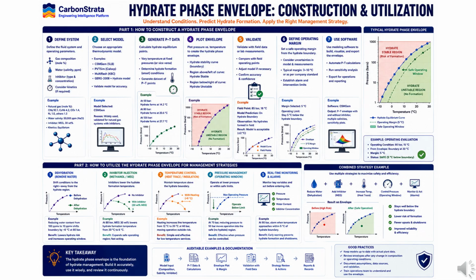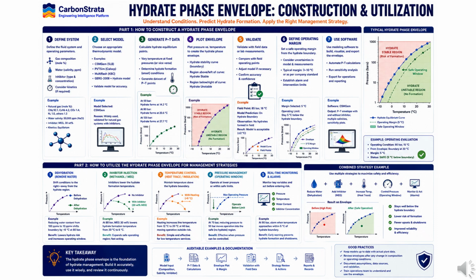Before using the envelope, it should be validated against field observations or laboratory data, and an operating margin should be established to provide a safe buffer from the hydrate boundary. Once developed, the envelope becomes a powerful decision-making tool. Dehydration reduces water content, inhibitor injection shifts the hydrate boundary, temperature control keeps operations above hydrate formation temperatures, and pressure management keeps conditions outside the hydrate region.